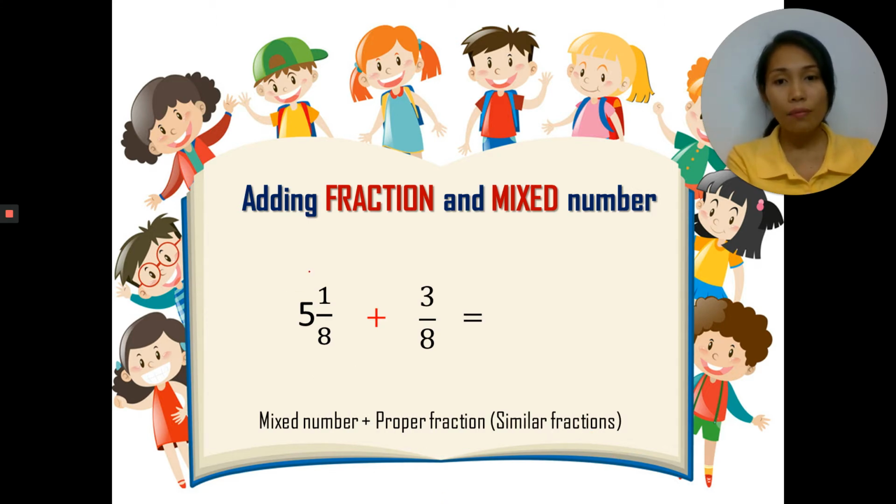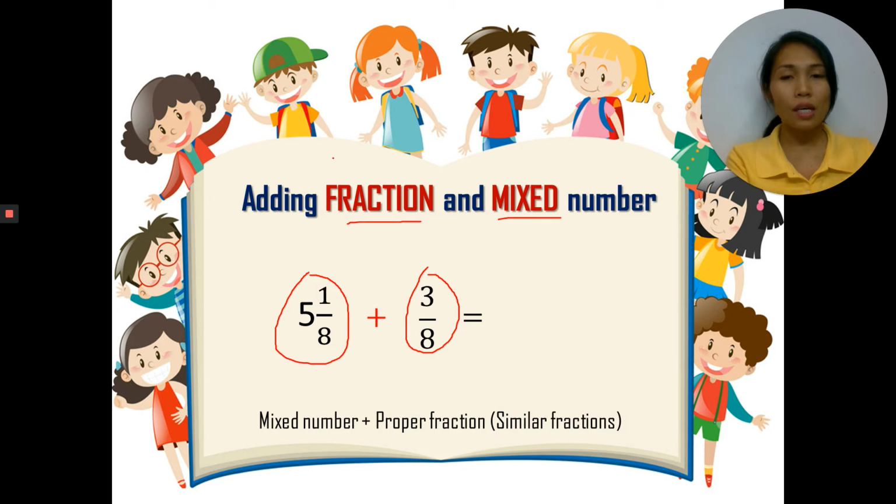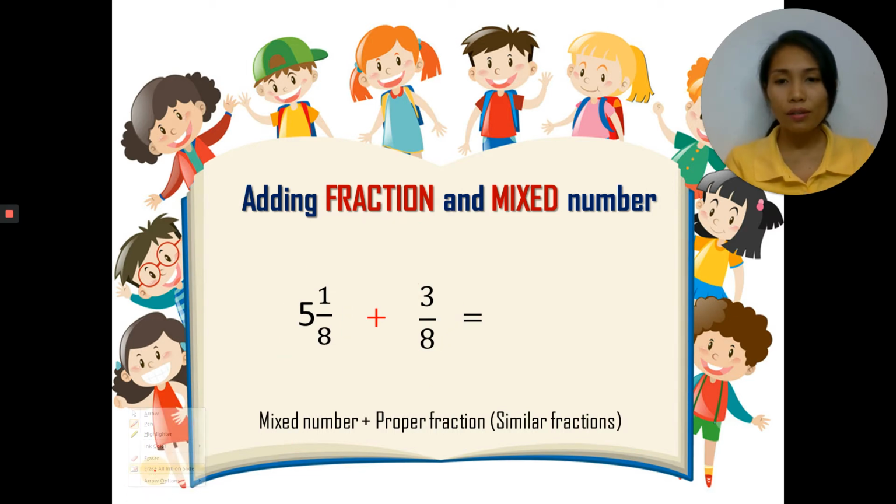In here, 5 and 1/8 is the mixed number, and 3/8 is the fraction. Okay, when we say fraction, it could be a proper fraction or improper fraction. Okay, and if either it's a proper or improper fraction, you do the same process. Okay, so that's why it's just fraction and a mixed number. Okay, so let's try to answer this one.